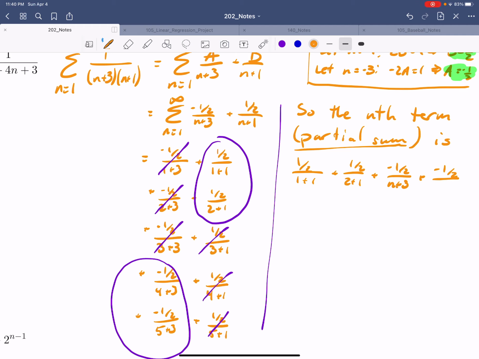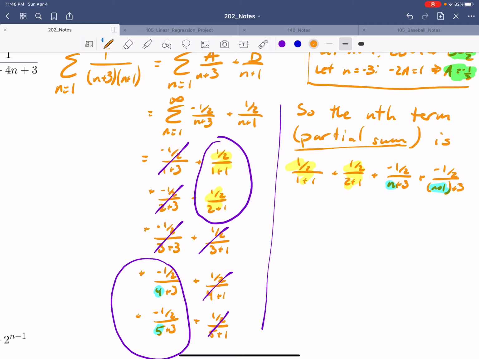Or maybe I could say n plus 1 plus 3 if you'd prefer. How am I getting that? Well, let me get a highlighter out here. I hope we see where these guys are coming from. But what about this guy? Well, this guy comes from here. The only difference was the 4 became an n, and then the next term became an n plus 1. Technically speaking, this is the n plus first term, but same thing.